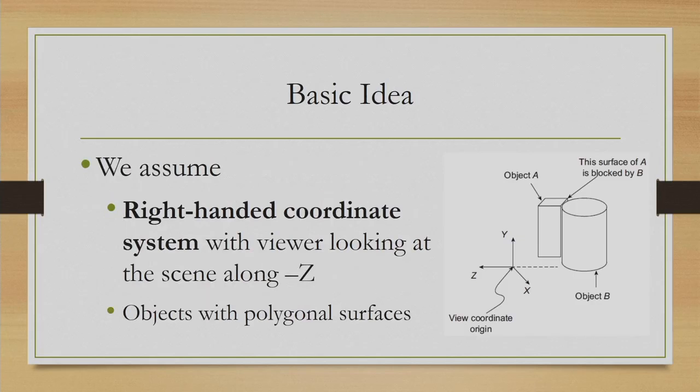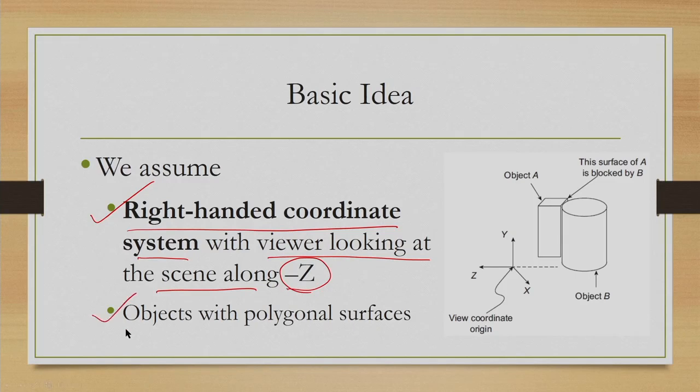Now, before we go into the details of the methods for hidden surface removal, we should keep in mind that there are two assumptions that we will be making. First one is, we will use a right handed coordinate system and we will assume that the viewer is looking at the scene along the negative z direction.